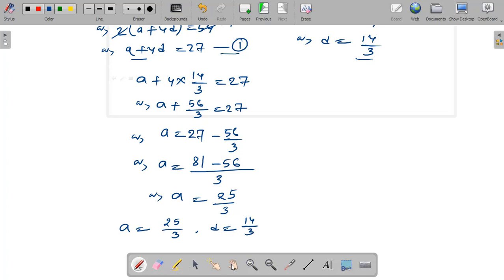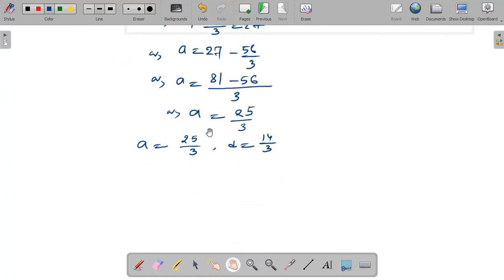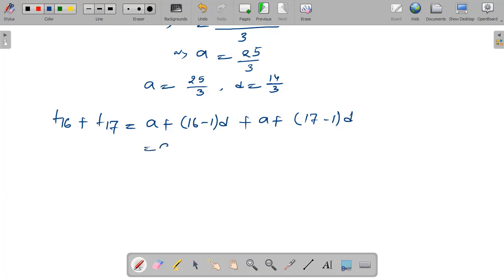Now we come to our question. We have to find the value of T16 plus T17. Okay. So T16 plus T17 is equal to a plus 16 minus 1 into d plus a plus 17 minus 1 into d, that is a plus 15d plus a plus 16d.